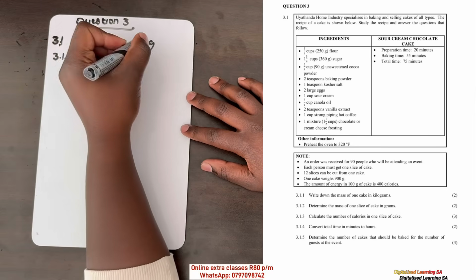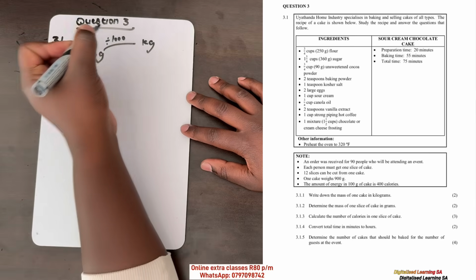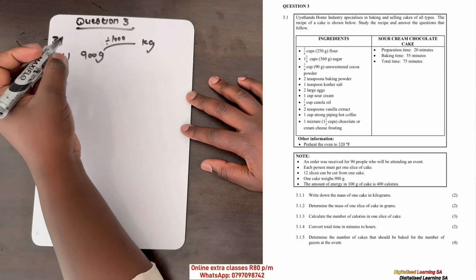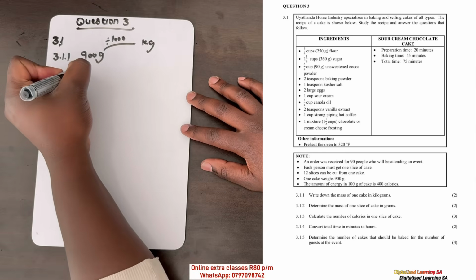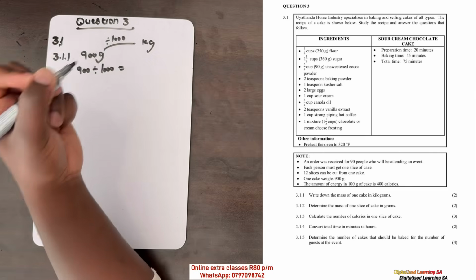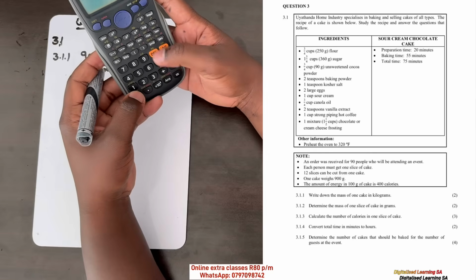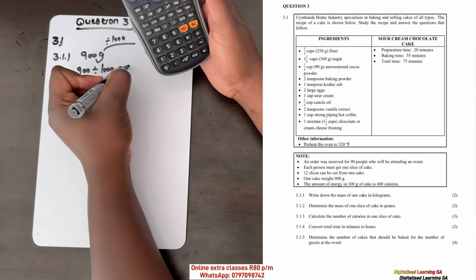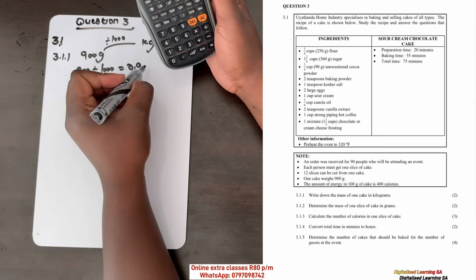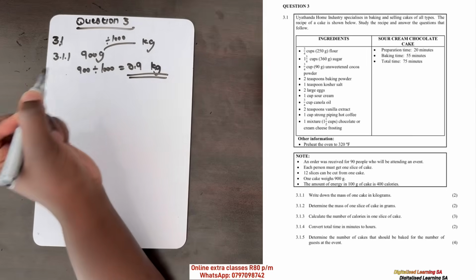Converting from grams to kilograms, we need to divide by 1000, meaning that our answer will be 900 divided by 1000, which is 0.9. It will be 0.9 kilograms. Remember, it needs to be in kilograms.